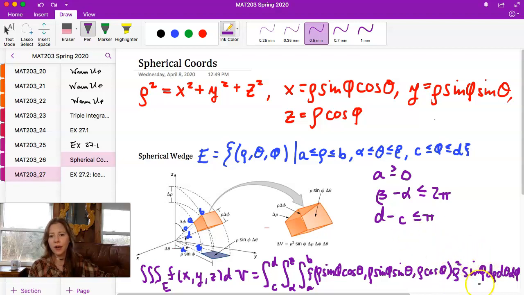Then we have our sine phi in there too, because that's an adjustment from referencing the z plane. So we're converting back. And then d theta and d phi are just angles, so there's no unit on those. So the units work out. And we're not going to go through the derivation of this, but just know this is how you convert between the different coordinate systems.